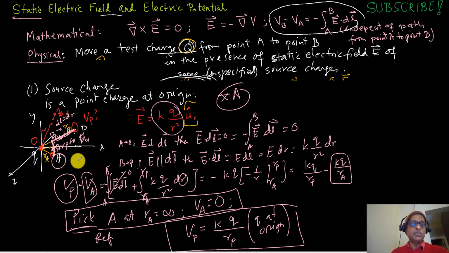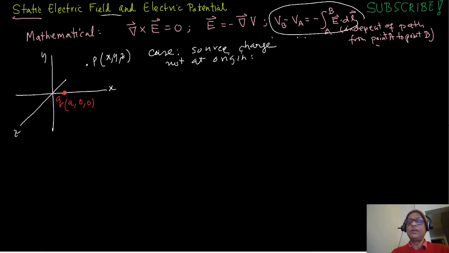What if the source charge was not at the origin? Let's do that out. Now we have a case where the source charge, same source charge, is not at the origin. So the origin is over here, and the source charge is here, I just put it on the x-axis for simplicity. So what's the V at P?